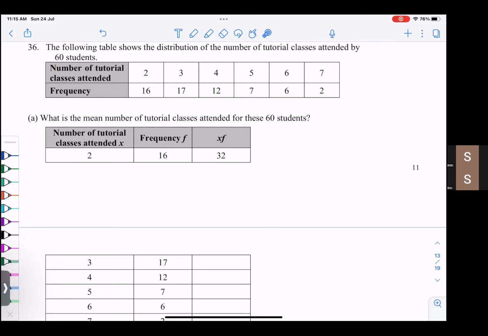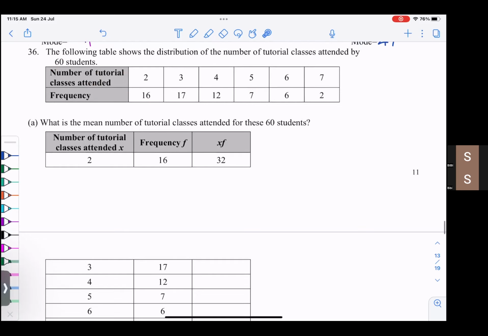For these questions, you have to understand what the table is about. Some people attend a lot of tutorial classes for English, Chinese, Maths, GS, LS, Science, every single subject. But some students only attend maybe one, or some even don't.